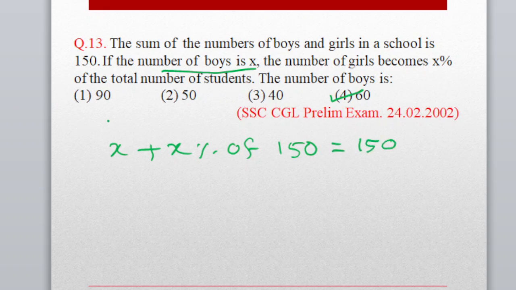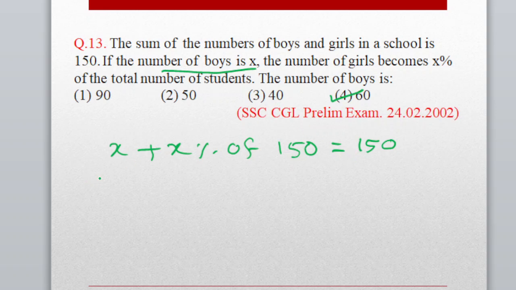Now suppose x is 90, so 90 plus 90% of 150 is more than 150, so this option is rejected. Now 50 plus 50% of 150 is less than 150, so we can reject this option. Again 40 plus 40% of 150 is also less than 150.